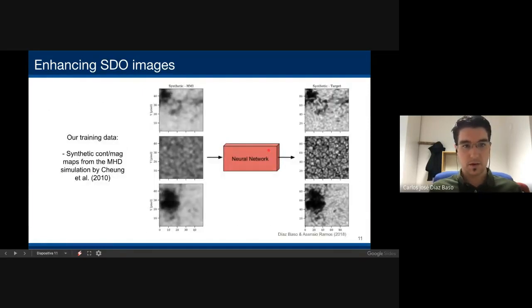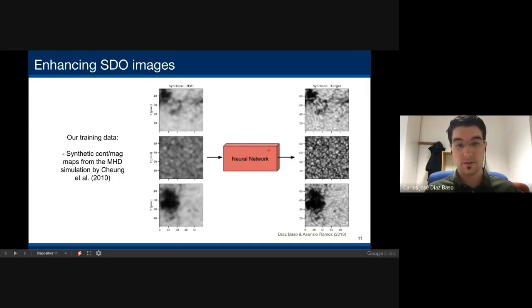So how did we do that? We synthesized continuum and magnetogram images from MHD simulations, and we applied the HMI PSF.